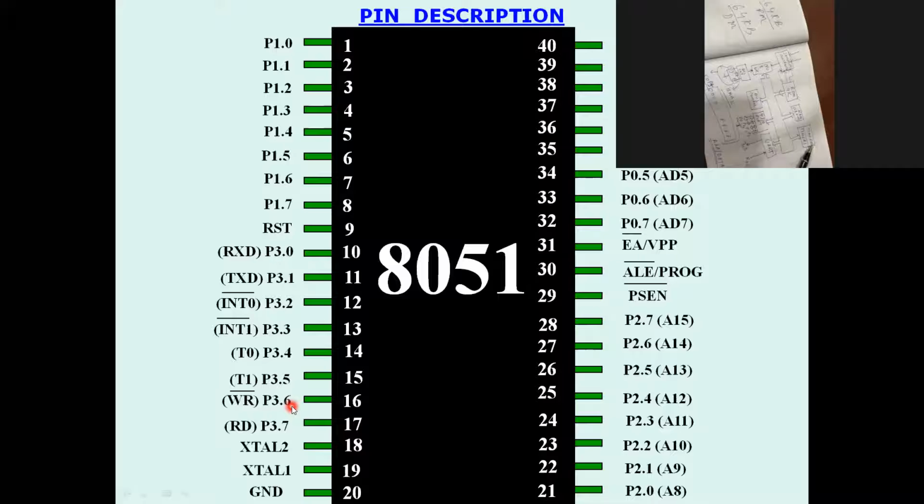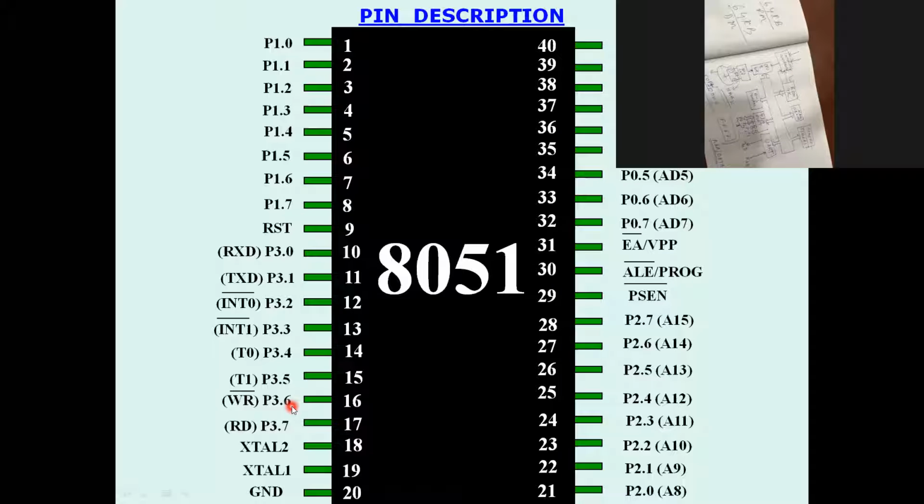There are 2 timers or 2 counters, whatever you call them. If you call it timer or counter, there is no difference. For counter 0, clock pulses come through T0. For counter 1, clock pulses come through T1.